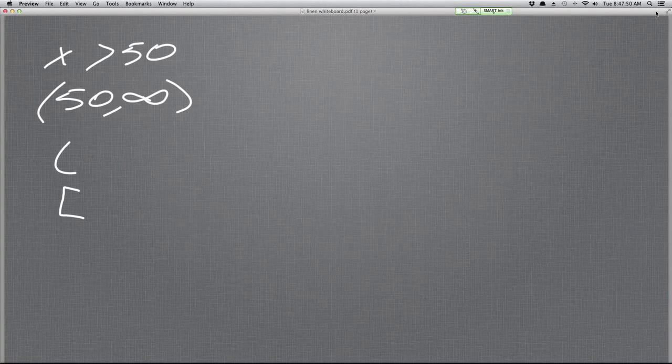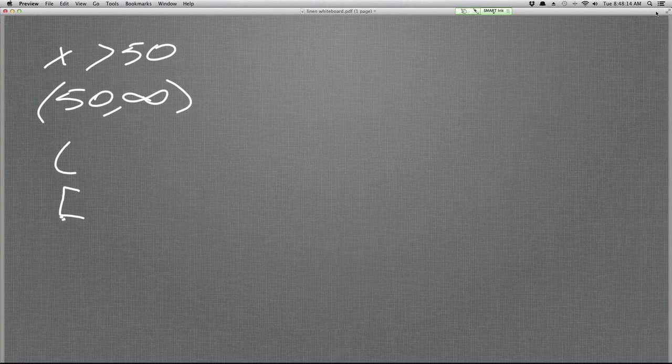Bracket. When it does not include the number, we want to use a parenthesis. So in this case, since 50 is not included in my set, I'm going to put a parenthesis on 50. If 50 was included in my set, then I would have used a bracket. Bracket means the number is included. Parenthesis means the number is not included.